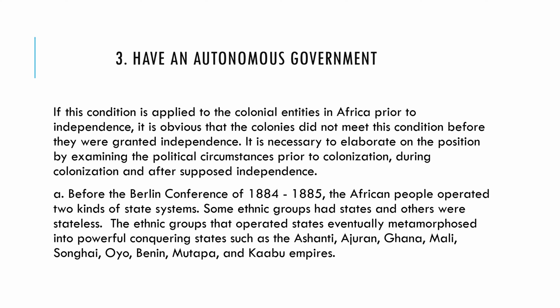The ethnic groups that operated states eventually metamorphosed into powerful conquering states such as the Ashanti, Ajuran, Ghana, Mali, Songhai, Oyo, Benin, Mutapa, and Kabu empires.